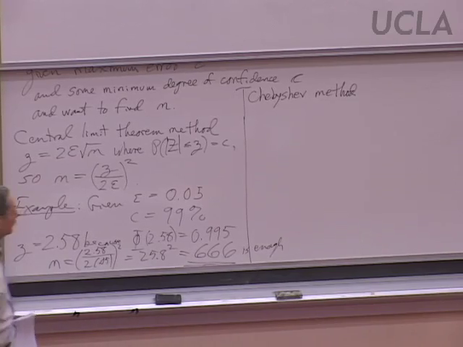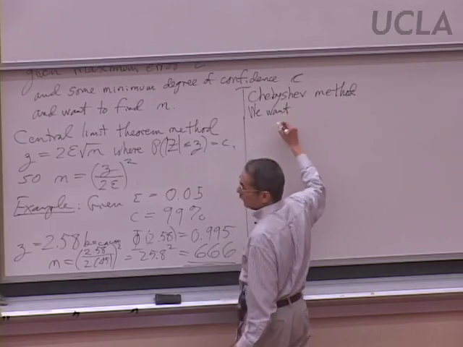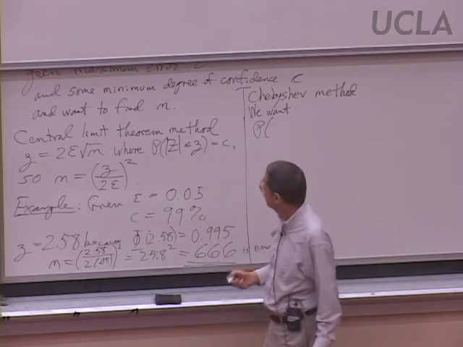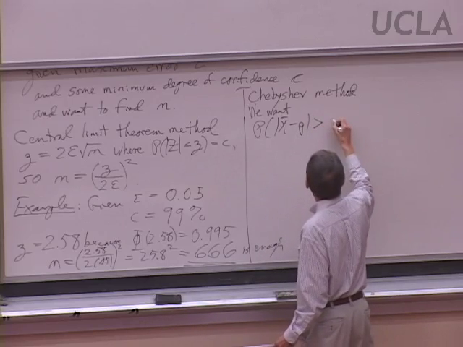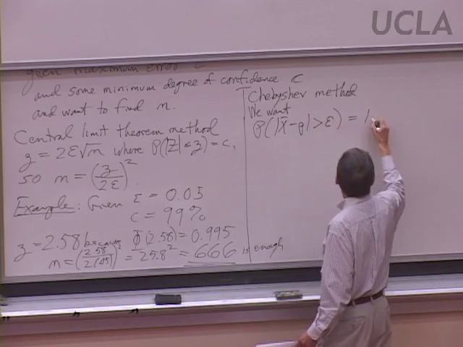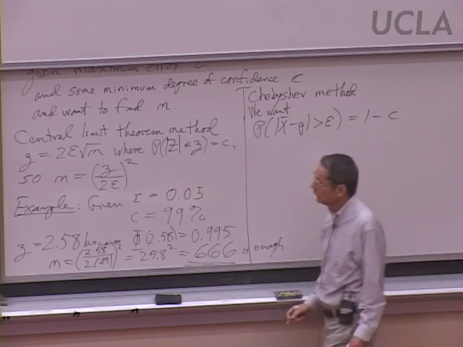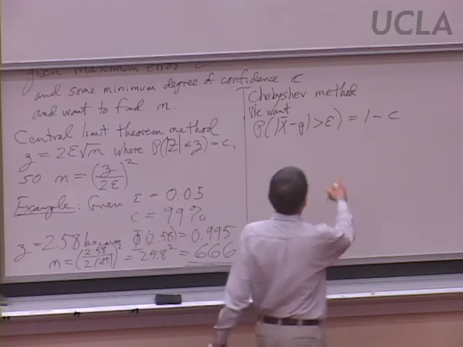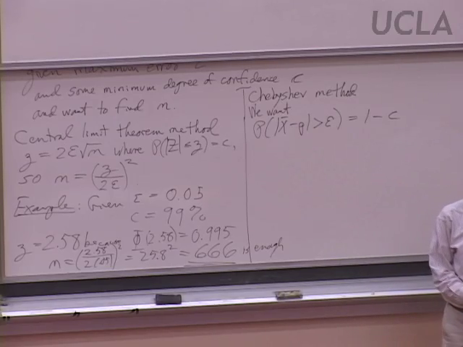So looking at the complement, we want the probability that the error is big, more than epsilon, we want that to be 1 minus c. Now, the reason I'm looking at the complement is to make it look more like Chebyshev's inequality, which has a greater than or equal to sign here.